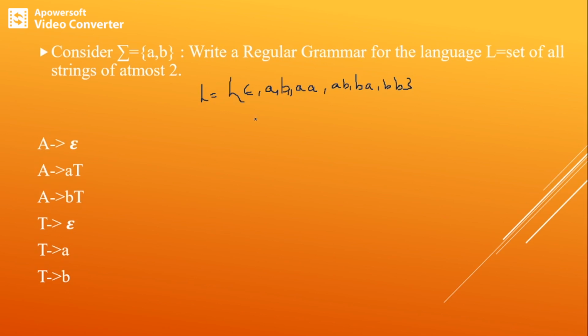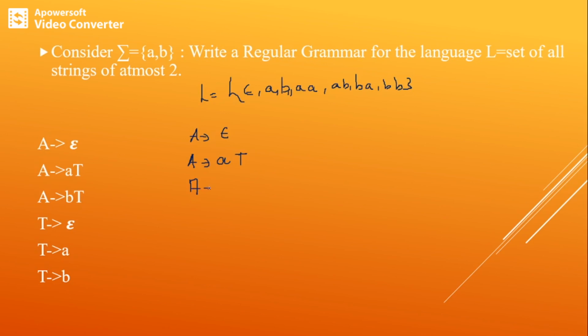How do I get that? First of all, the starting state S can give epsilon. Then S can start with A, because there has to be a maximum of 2 characters, and go to the next character.